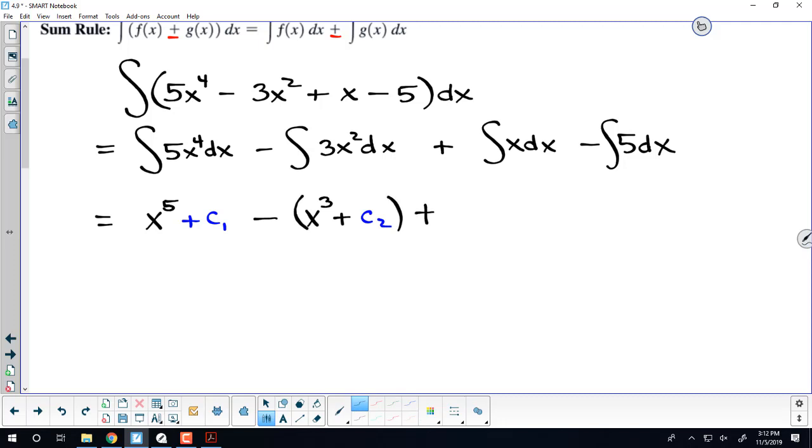What would that be? X squared over 2, right? We add 1 to the power, divide by the same result. You get another constant there, minus, what's the antiderivative of 5 with respect to x? 5x. And then another constant.